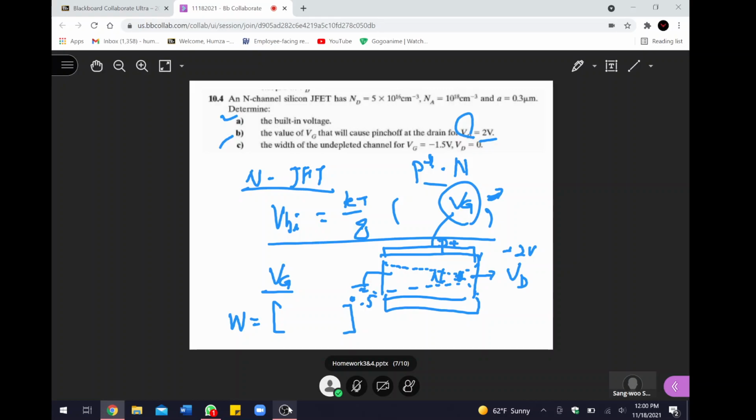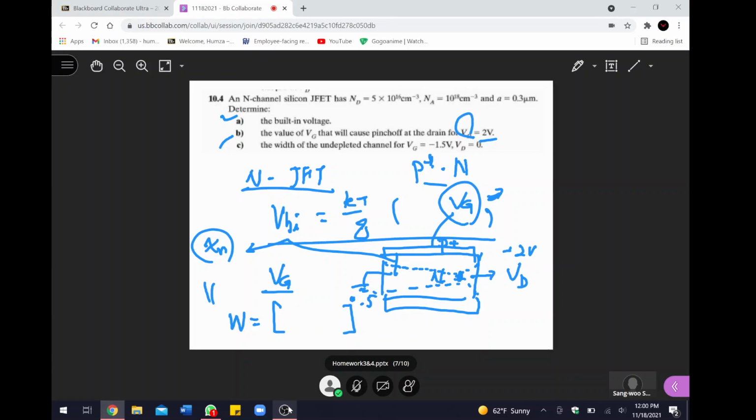In this case we look at the N side, and this is equal to the channel width. At that point, pinch off happens. So now you can calculate this here.